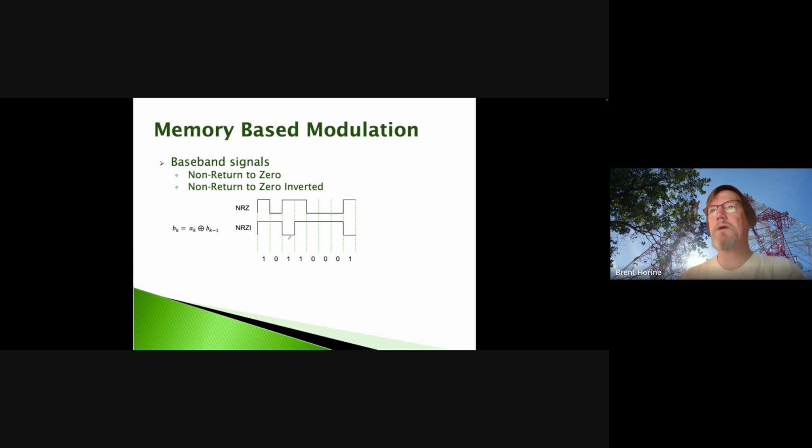These are recording the outputs. We've got this type of relationship. We are looking at the new bit, and we're exclusive ORing that with the existing bit.